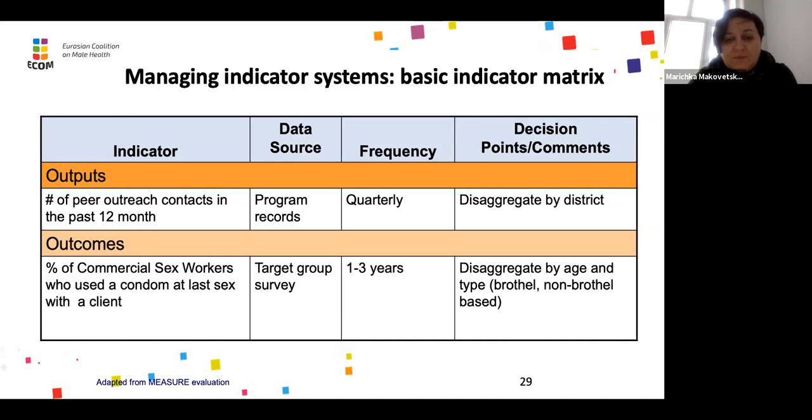But you should think, why are you doing this? If you have activities for sex workers of different ages, and you have different approaches, then maybe yes, you should disaggregate them by age. If you have different approaches or activities for those who work in brothels or non-brothel based, then of course you should have these indicators.